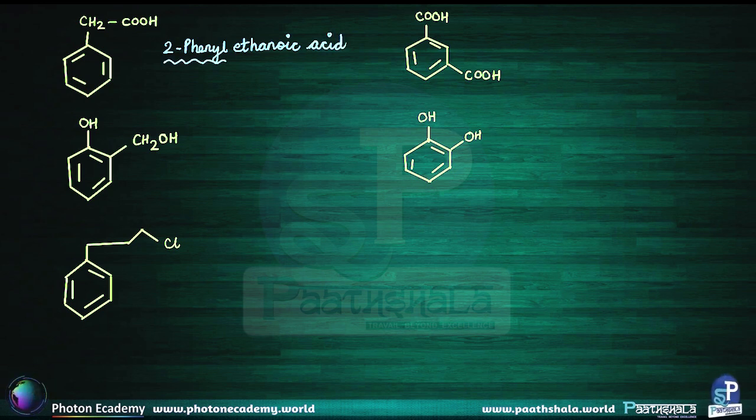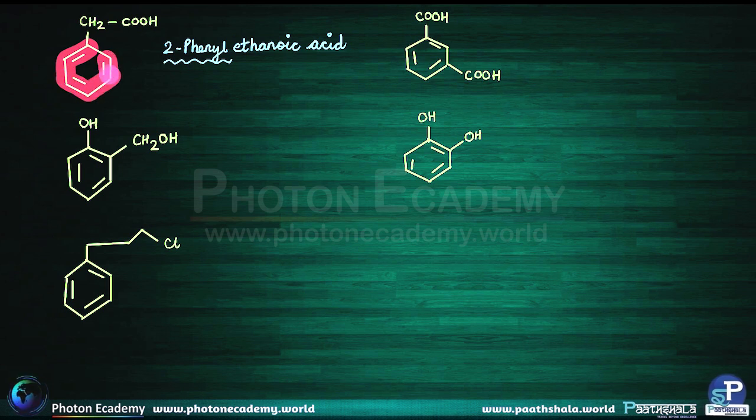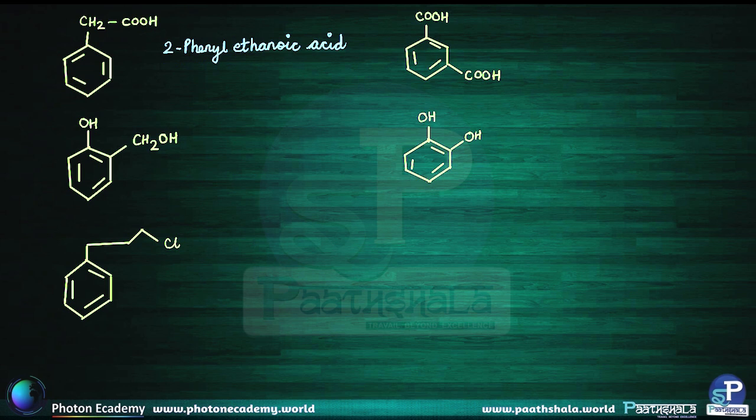2-phenyl ethanoic acid. Here we have this benzene ring, but this benzene ring has one valency, which is being occupied by CH2COOH. So if benzene is lacking one hydrogen, we call it a phenyl group.